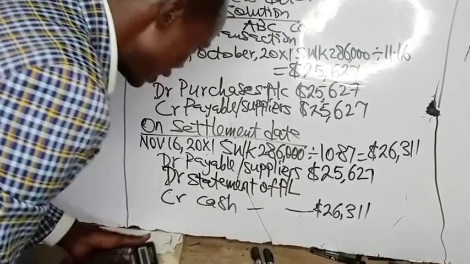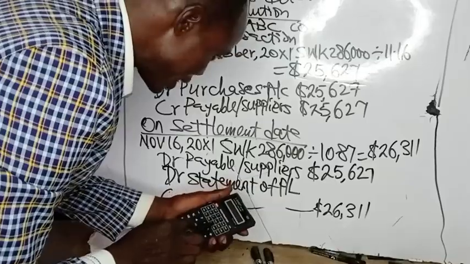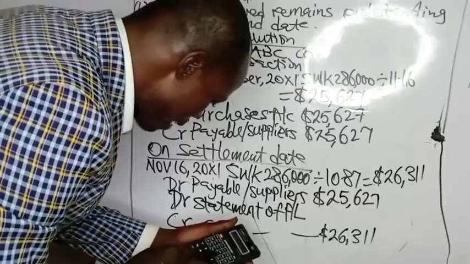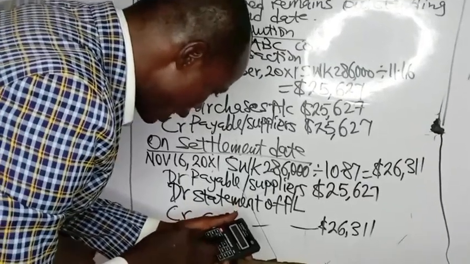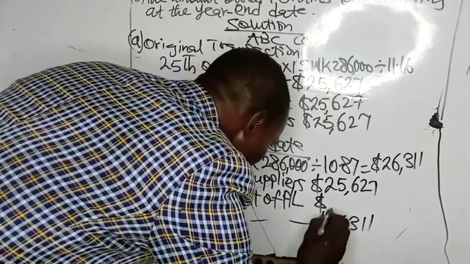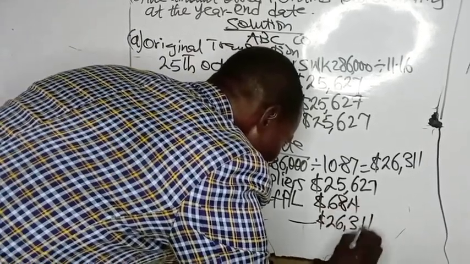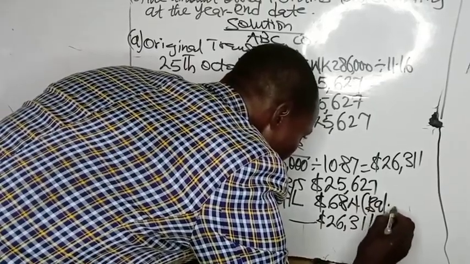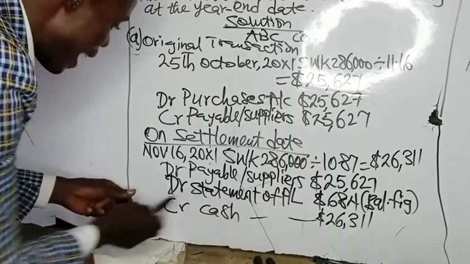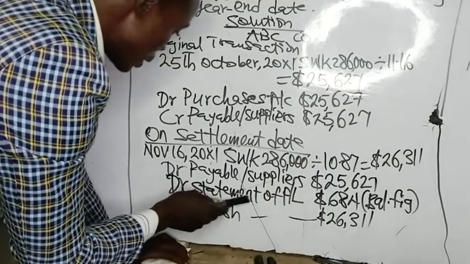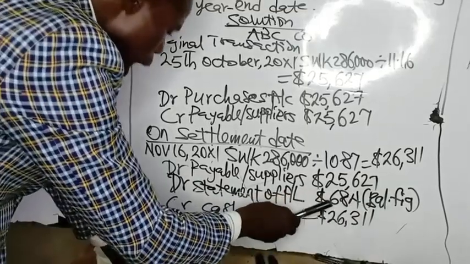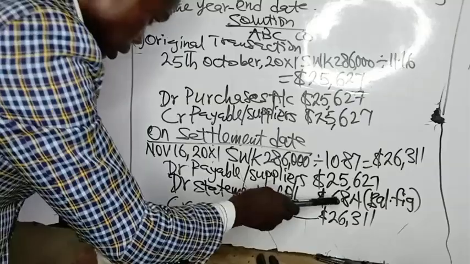How much is the difference? 26,311 minus 25,627. You have $684. That is the balancing figure. That is the amount that will be transferred to the debit side of the statement of profit or loss. That is to show that this is exchange loss on the transaction.